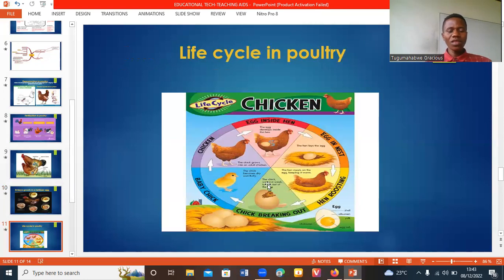So that's it. This is also a kind of mind map. A student will understand in a quick minute how the life cycle takes place within poultry. So it is indicating the growth. You will understand how growth is.